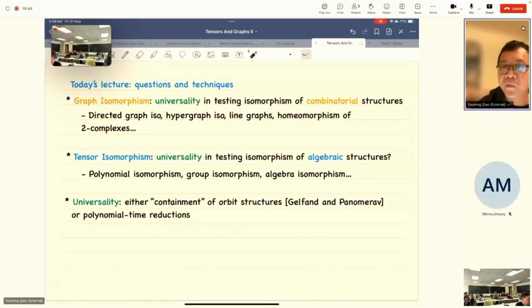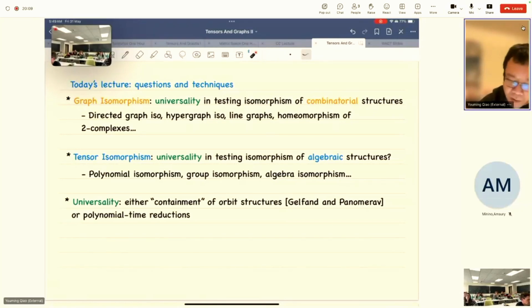Leonid Levin in the Soviet Union. And one motivation of him introducing P versus NP is because he wanted to understand the complexity of graph iso. So of course we know that graph iso is kind of NP intermediate, so it's not really NP complete. But that's kind of a byproduct of studying graph iso, this P versus NP stuff.